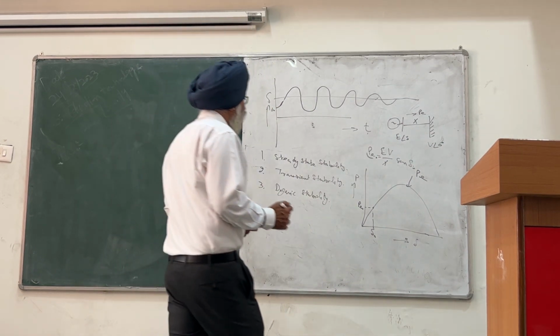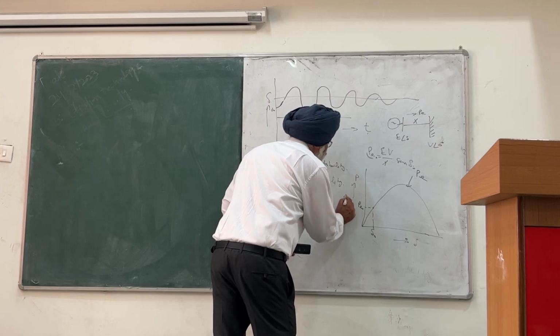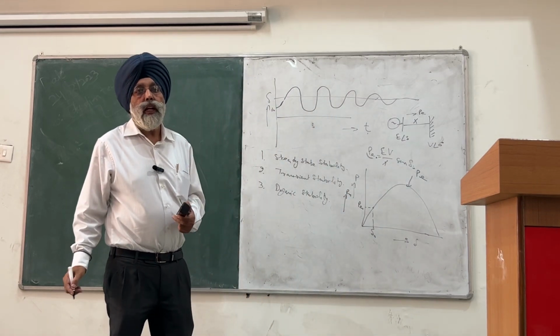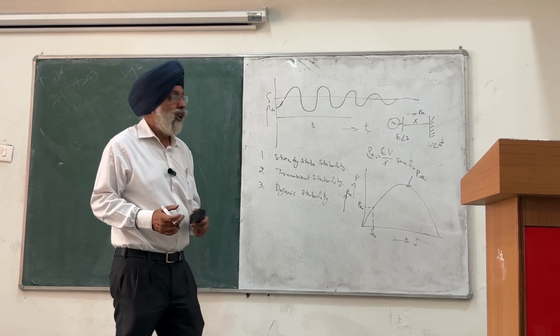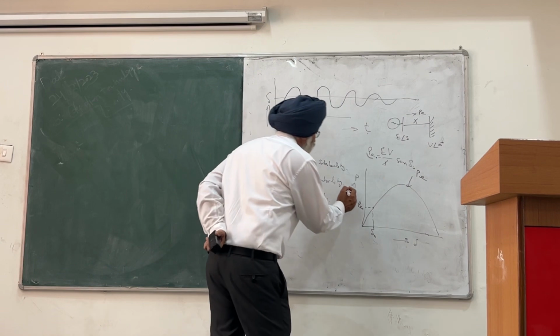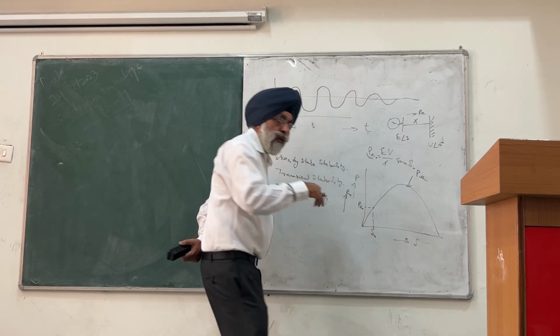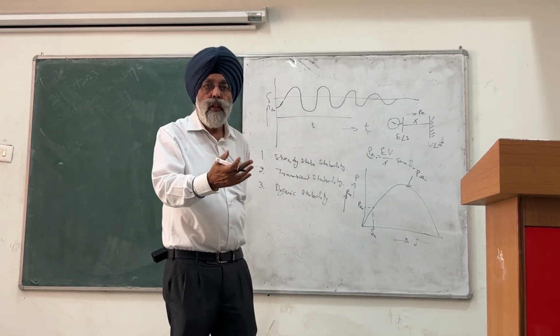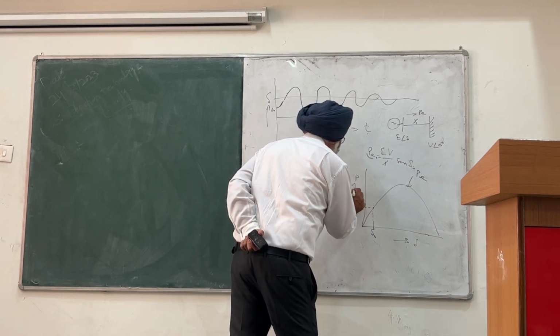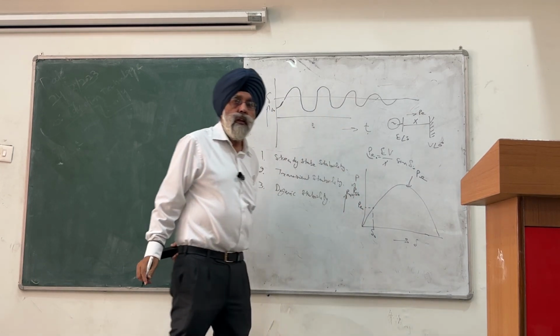Let us suppose that mechanical power is given like this, PM, mechanical power. We can say that this mechanical power is equal to the shaft power, the power which is supplied at the shaft of the machine. So this is equal to PSH, shaft power.